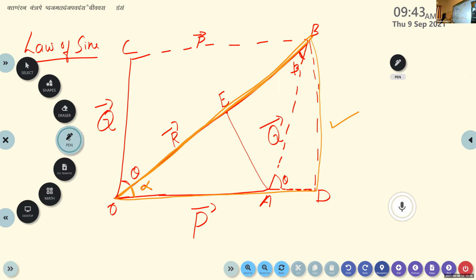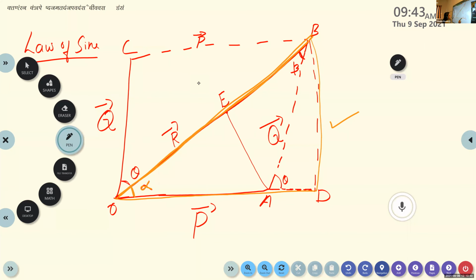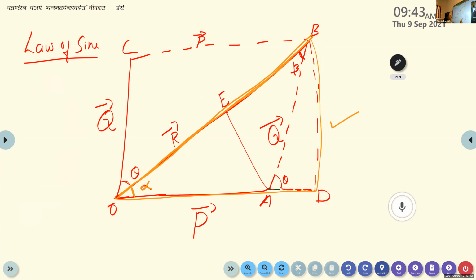The small triangle of this figure. Which angle is present in triangle ADB?